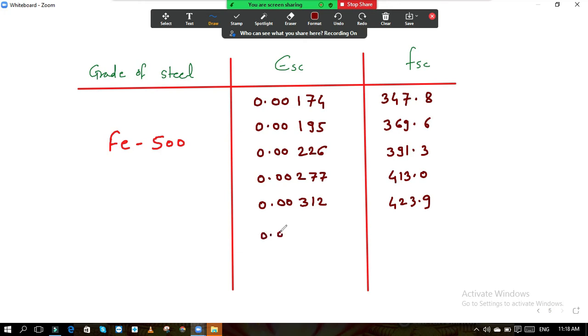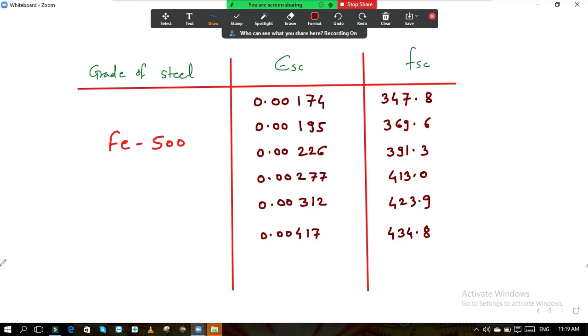At 0.00417, it is 434.8. So these are the values. Take the screenshot also and write down the values. So these are the values for Fe415 and Fe500.